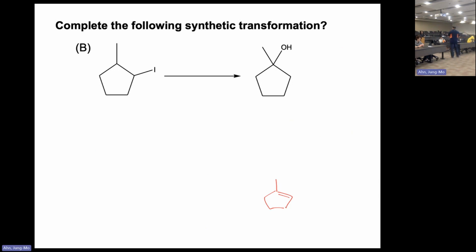That question depends on whether this is a Markovnikov product or an anti-Markovnikov product. So which is it? To figure that out, I told you to pay attention to where the nucleophile is.